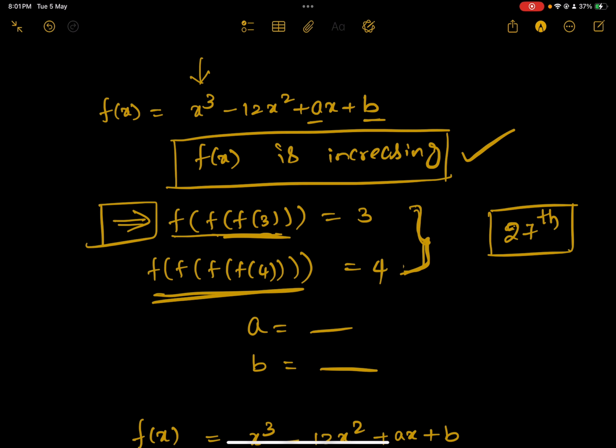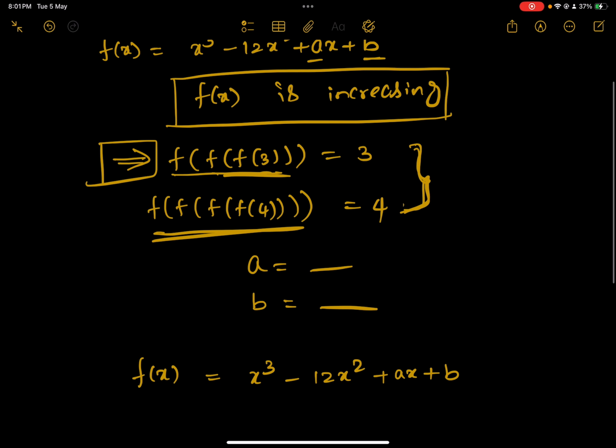And in this case you will get an 81st degree polynomial. All right. And it doesn't make any sense to solve the question that way, because it is humanly impossible to solve such big equations. So what should we do?